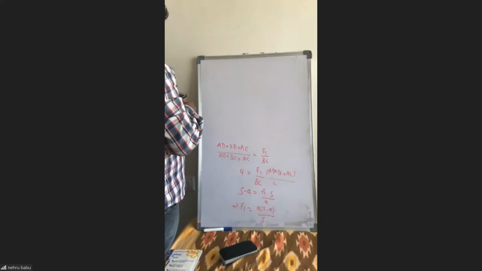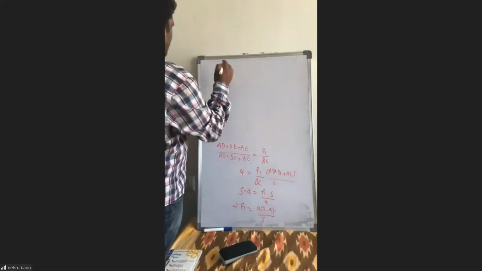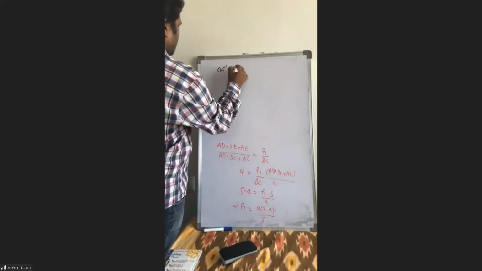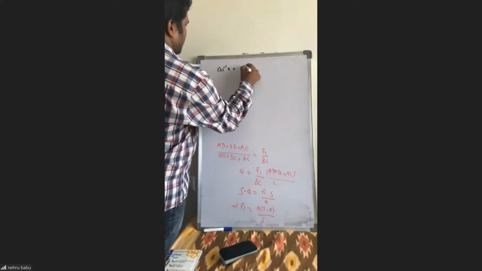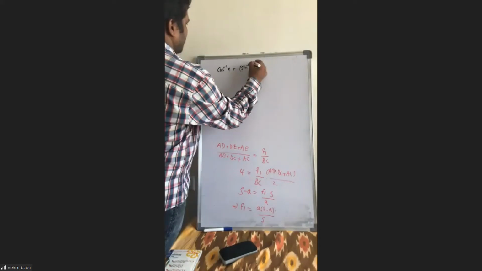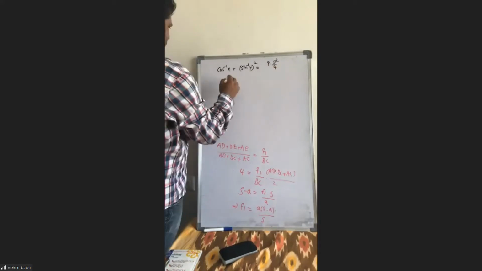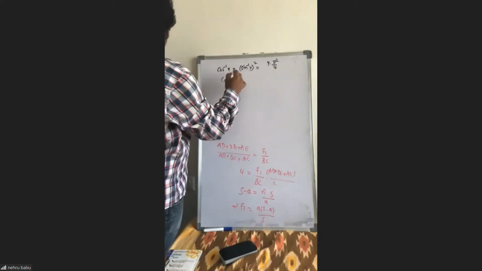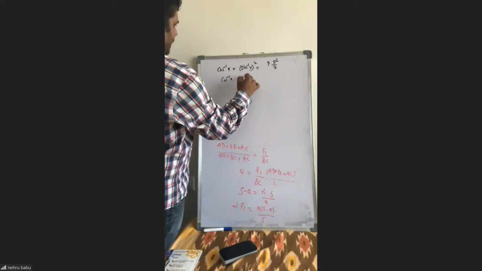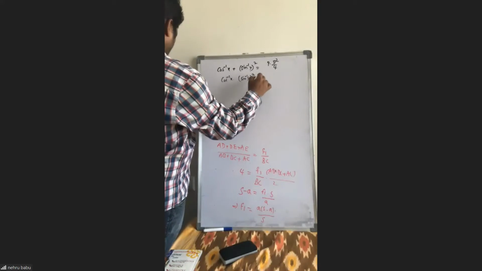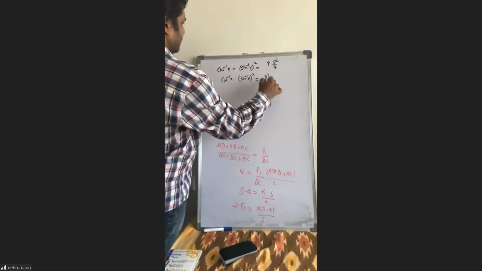If the system of equations possesses a real solution, (cos inverse x plus sin inverse y) whole square equal to p into pi square by 4, and (cos inverse x) into (sin inverse y) whole square equal to pi square by 16.